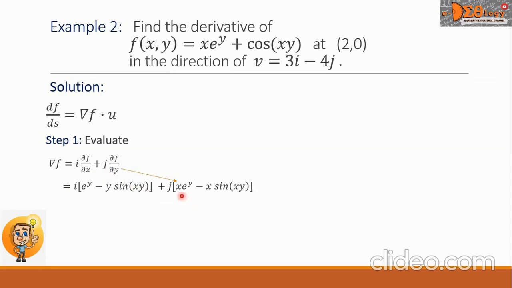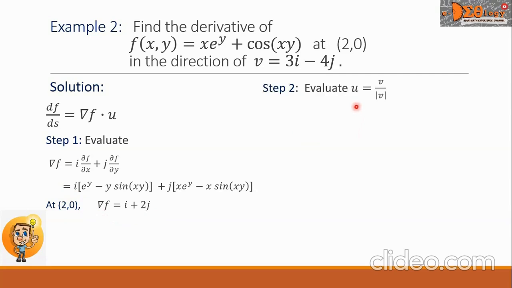We have x times e raised to y minus x times sine of the quantity xy. Simplifying this, we substitute the value of x as 2 and the value of y as 0 respectively. The value of the grad f is simplified into i plus 2j.